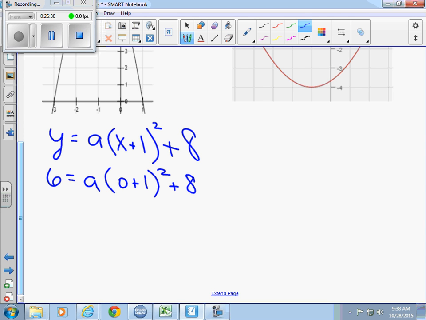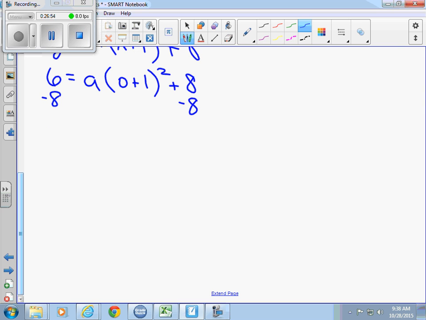You can pick any point on the parabola; any point will help you find A. Subtract 8 over from both sides. So I get -2 equals A times (0 plus 1) squared.